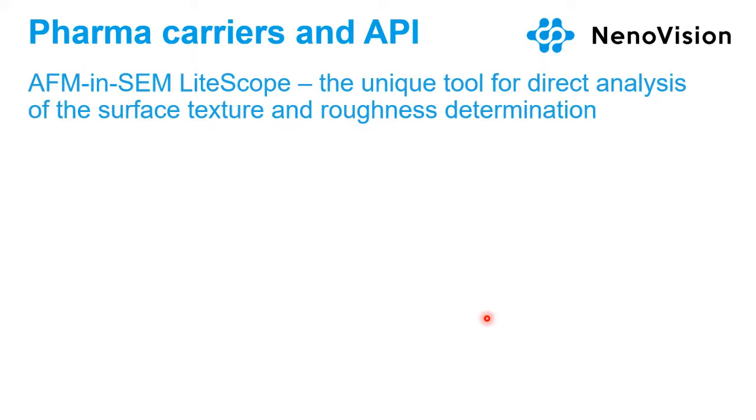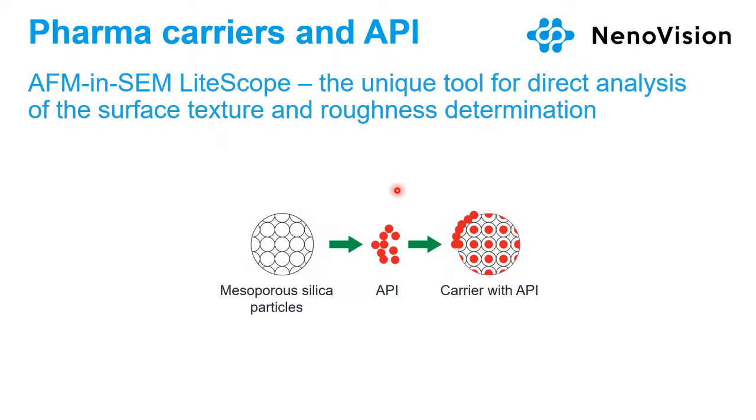So if I summarize, we showed an AFM-in-SEM tool, LiteScope, for direct analysis of the surface texture and roughness determination. We found out that the active ingredient is in the pores and somewhere also on top of the whole carrier.